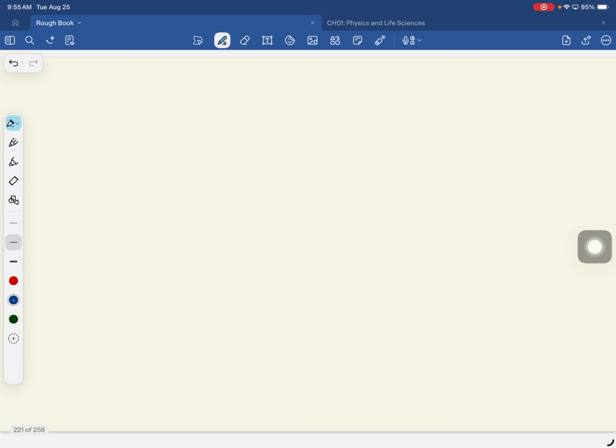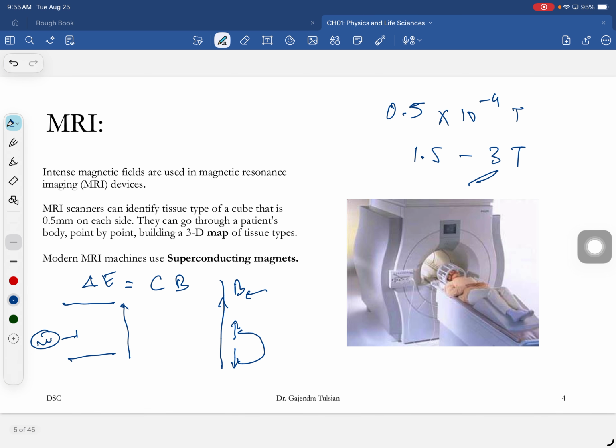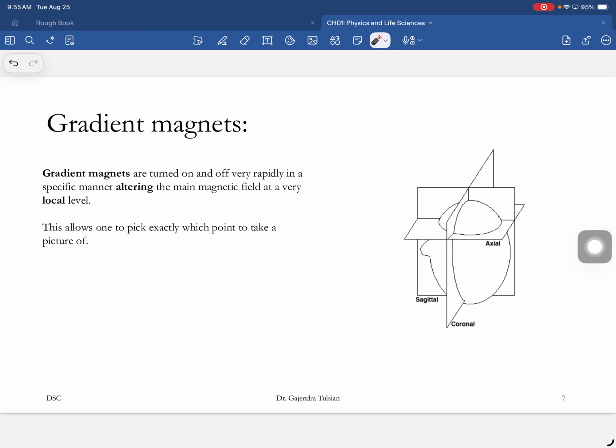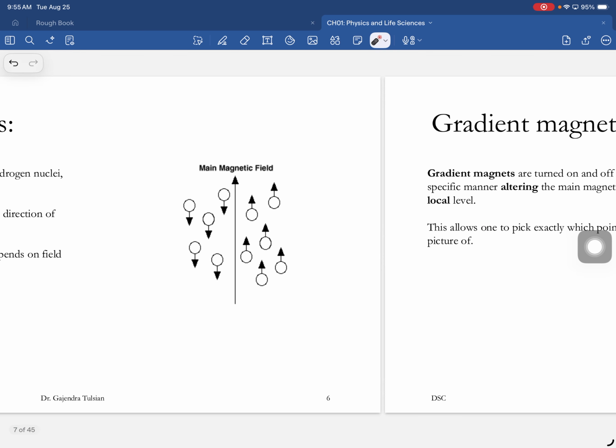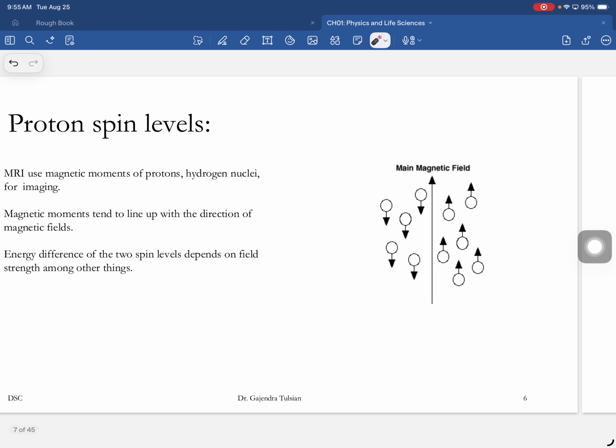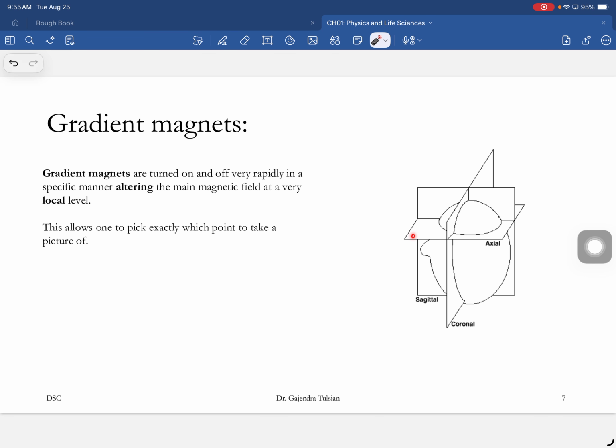Okay, so here we go. So here's your head. There's a strong magnetic field in there. You already saw that. And then on top of that strong magnetic field, you apply gradient fields so that the magnetic field at every point is different.